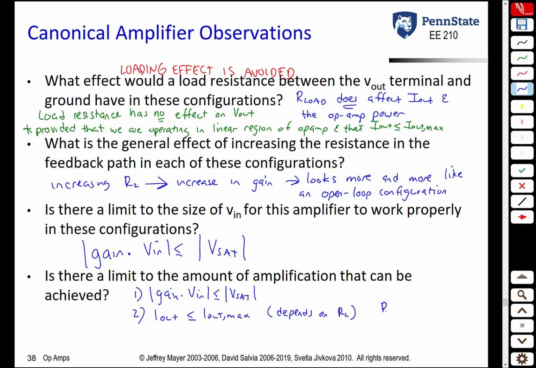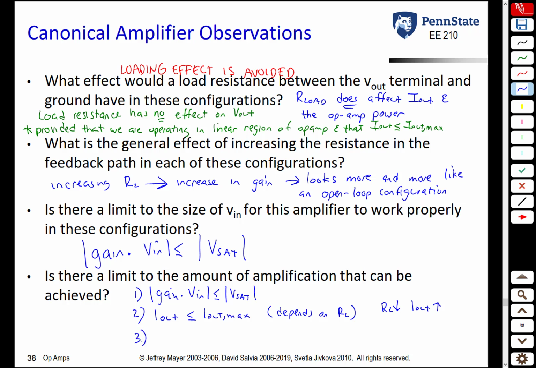As the load resistance goes down, the current coming out of the op-amp goes up, which means we could reach current saturation earlier. So in other words, voltage saturation can affect how much gain we can get in the op-amp, and current saturation can affect how much gain we can get in the op-amp.